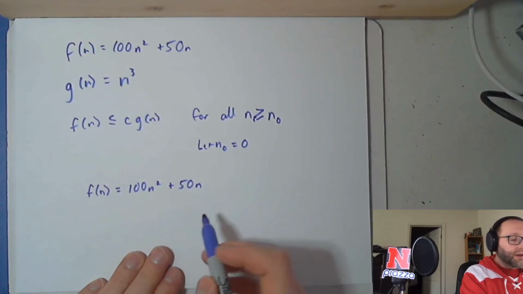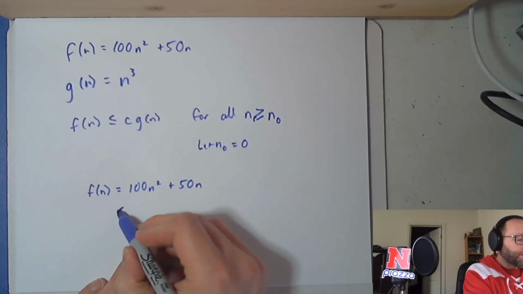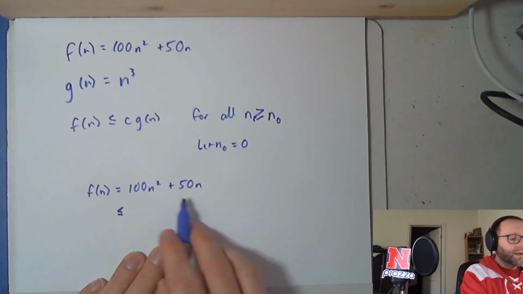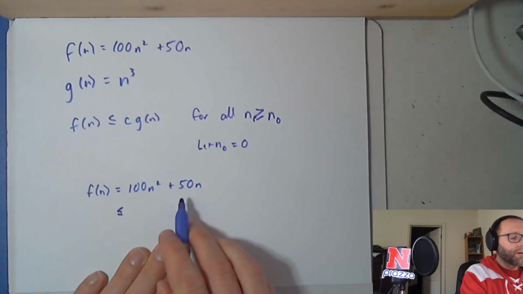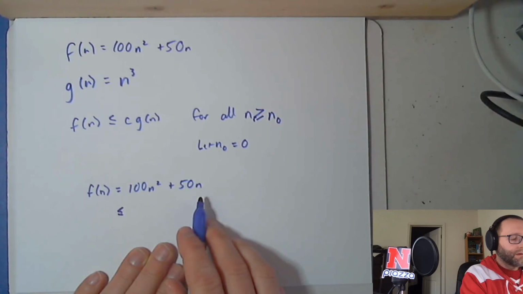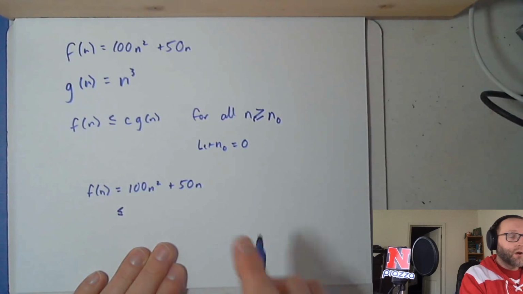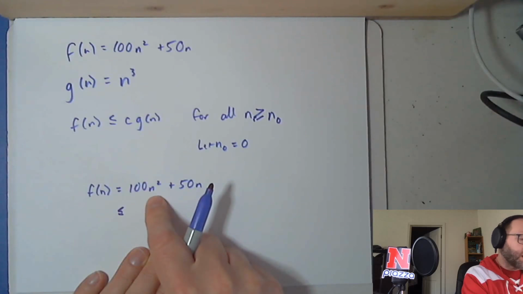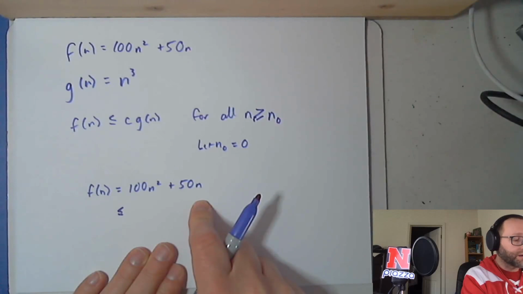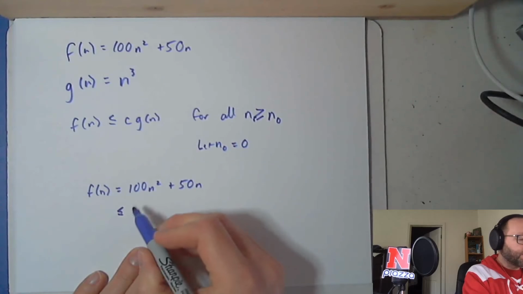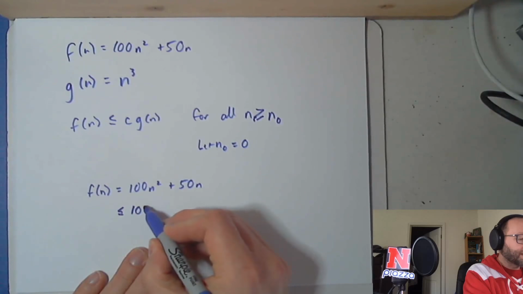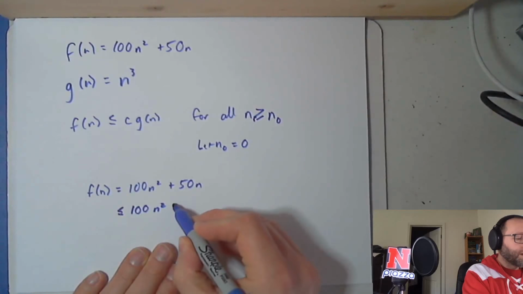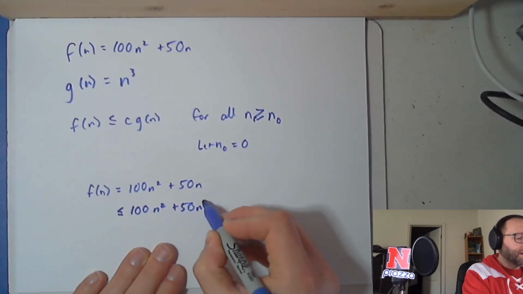Okay, so let's make this bigger. Well, what's bigger than 100n squared plus 50n? Well, I do know that linear functions are smaller than quadratic functions, or quadratic functions are bigger than linear functions. So what's to stop me from doing the following? This is less than or equal to 100n squared plus 50n squared.